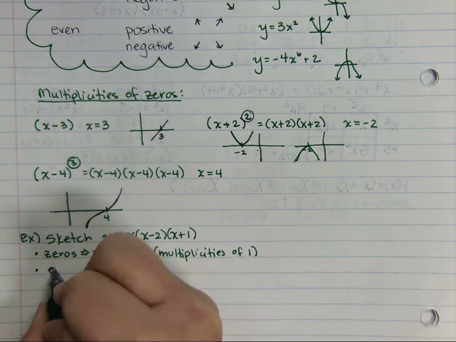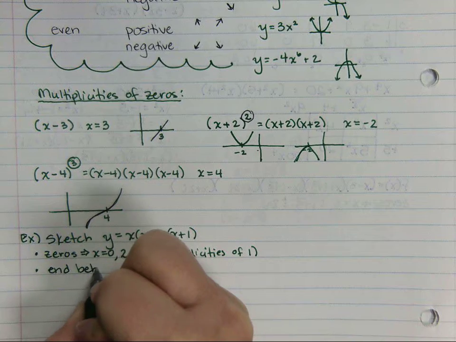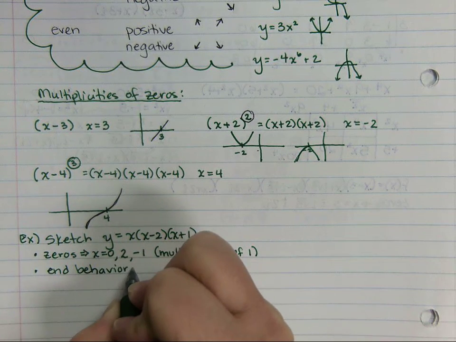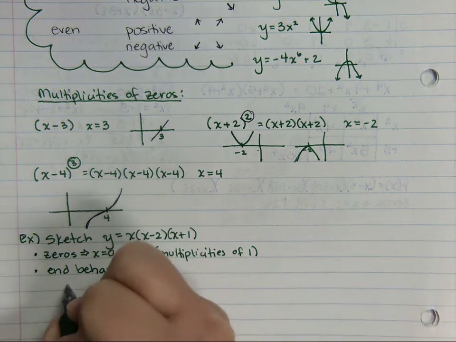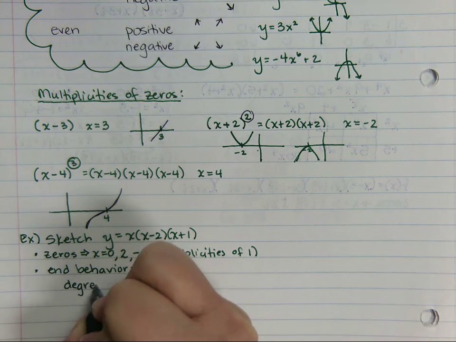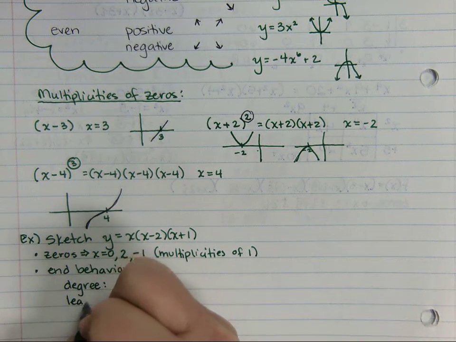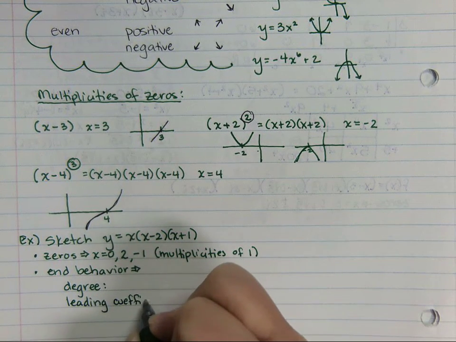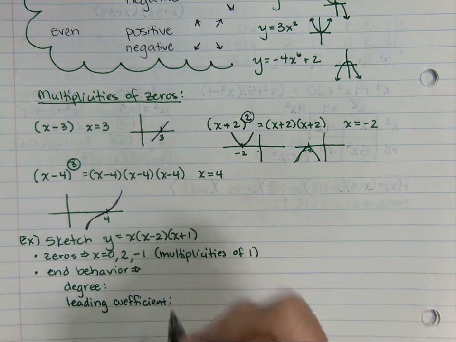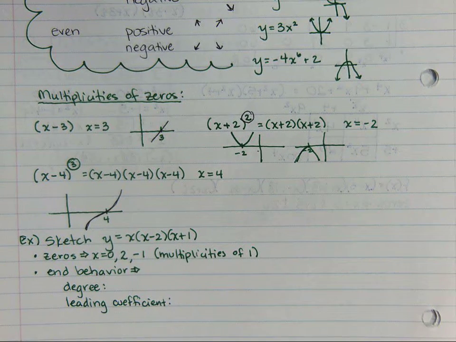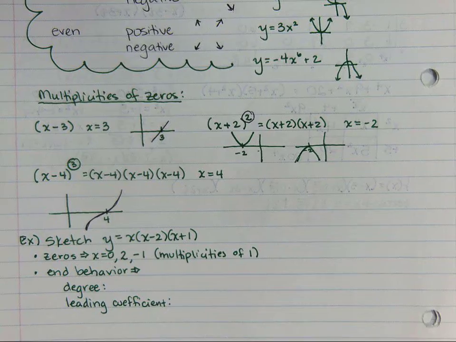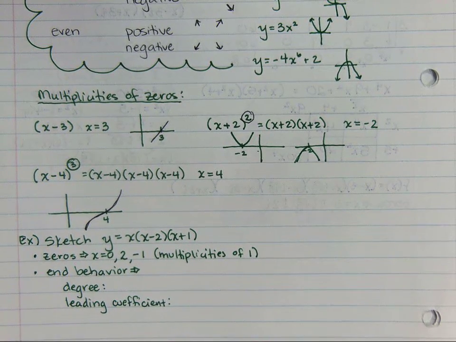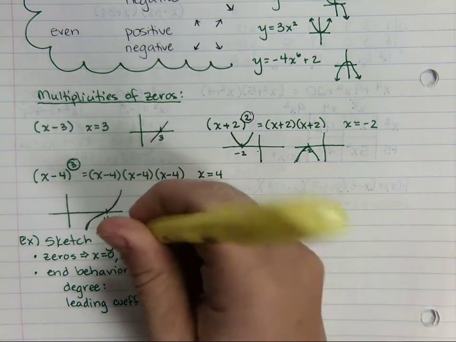Now for my end behavior, I need to know what the degree is and what the leading coefficient is. That way I can use my chart to figure out what's happening with the ends. To identify the degree, we take the first term of each of my factors and multiply them together.